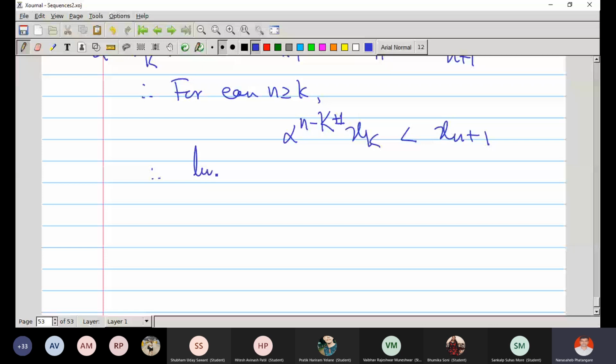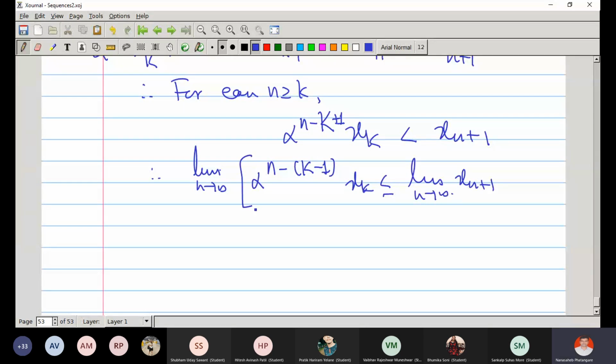So this is true for every n greater than or equal to k, and therefore, by comparison, the limit as n tends to infinity of alpha raised to n minus k plus 1 times x_k is less than or equal to the limit of x_{n+1}. Is it correct now? Yes, sir.